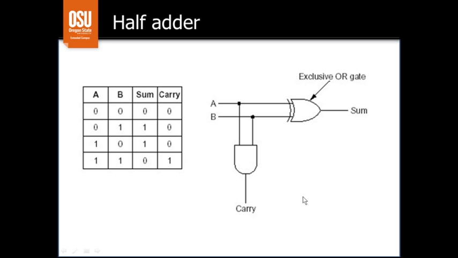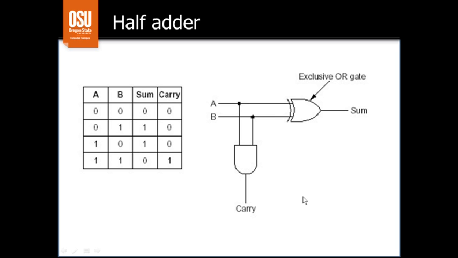Here's the idea of an addition circuit. We call this a half adder because it takes only 2 inputs, and then it produces a sum bit and a carry bit. Notice that what we've done here is we've created a circuit from a truth table that specifies exactly what we want to have happen for each possible pair of inputs.